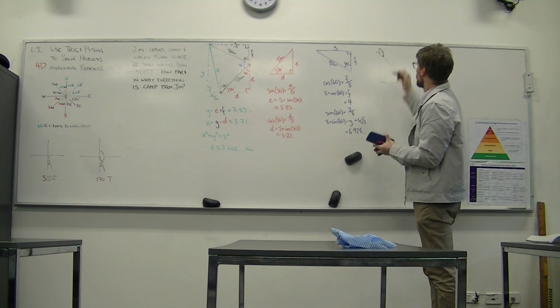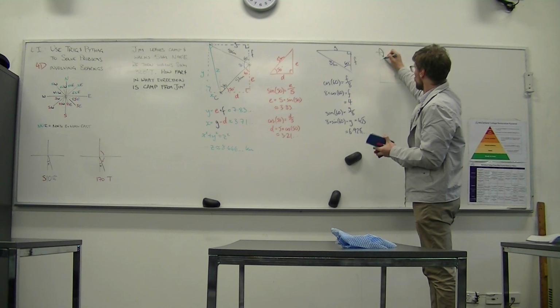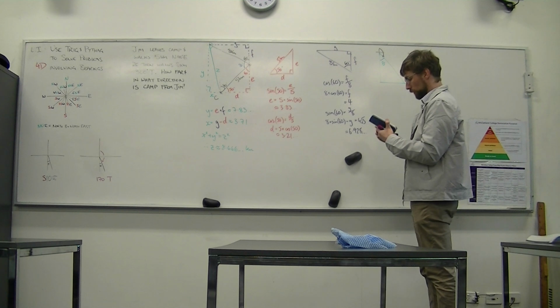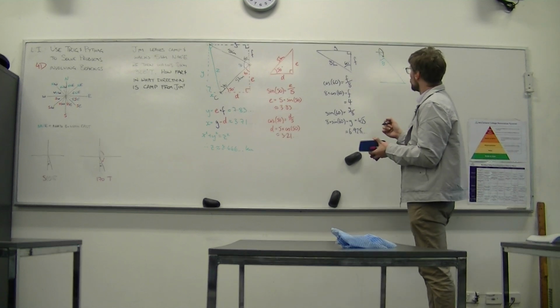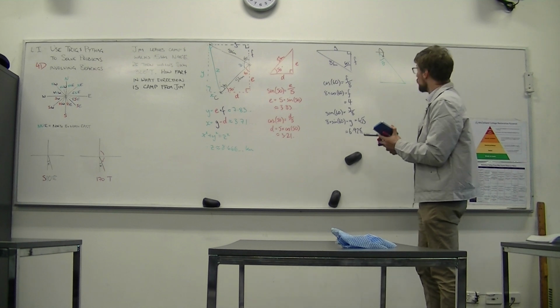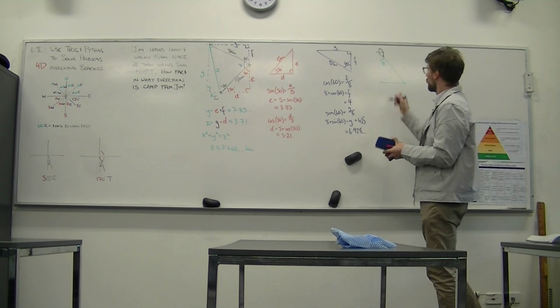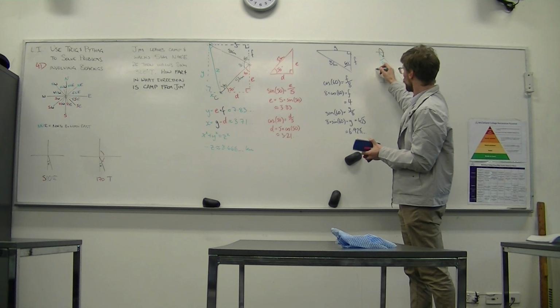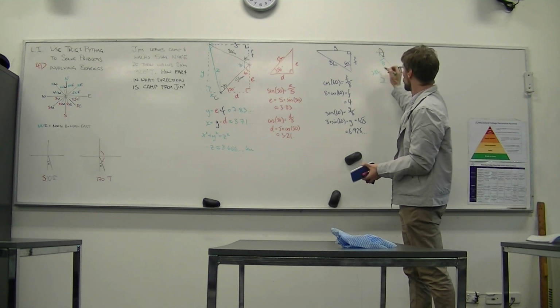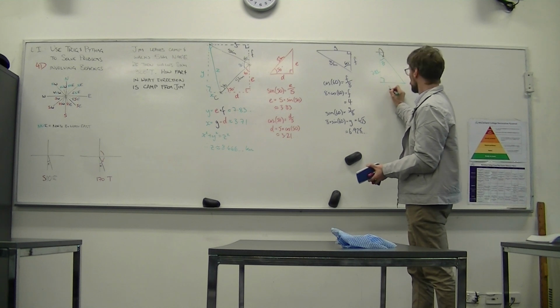Well, this guy plus this guy would be 180. So we'll call this theta, unimaginatively. Yeah, that's fine. Okay, well, we know now that this side was y, which was 7.8-ish. And this side was x, which was 7.1-ish.